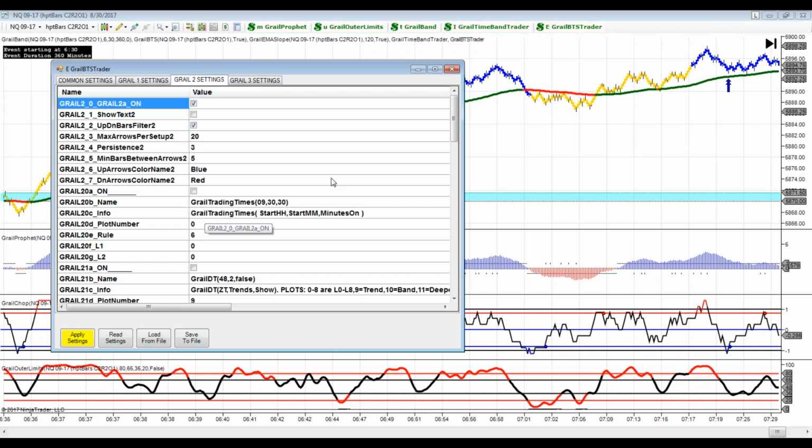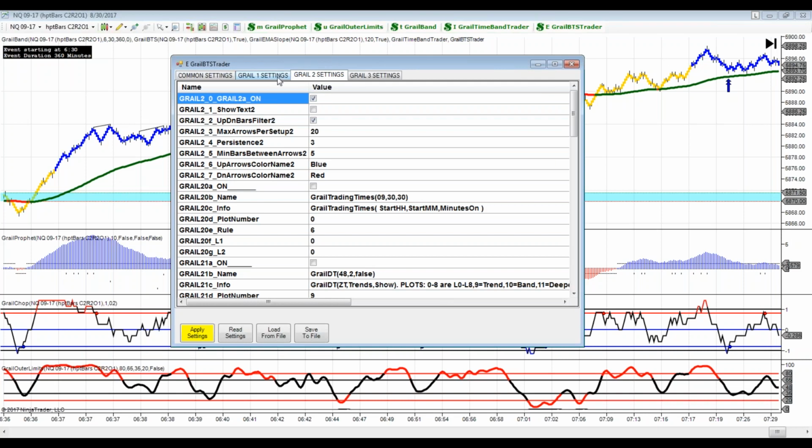20B you're talking about, right? Yeah. You said if one of the problems is when there's two on the chart, you're not knowing which one is generating the arrows, you can go in here and change this, okay? For example, go into Grail 1, all right? And if you don't like black, just pick a different color. You have all the colors that you want to pick from.